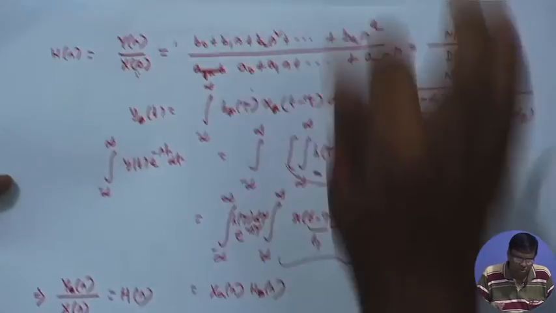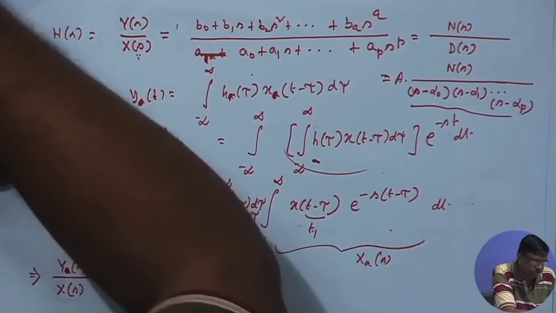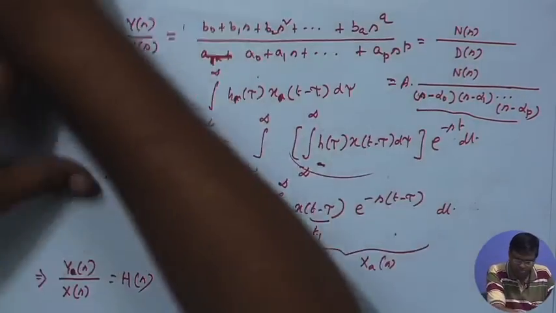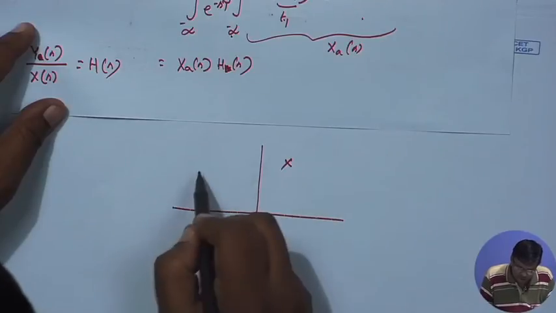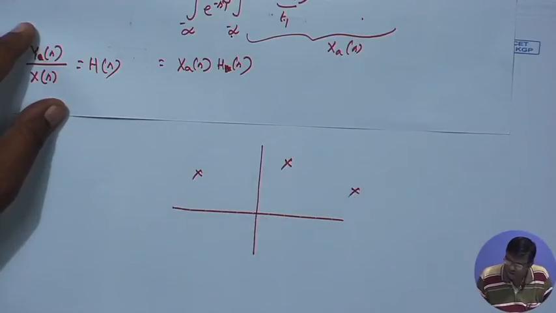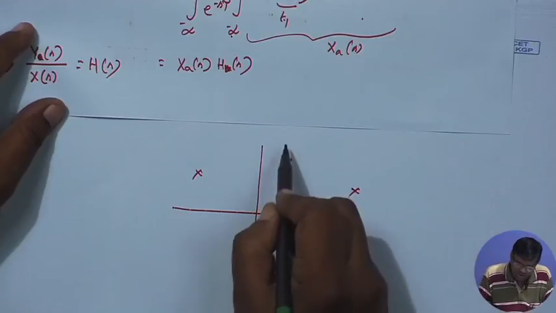If you draw the poles, given such a rational function, suppose you draw the poles in the S plane, suppose there is a pole here, there is a pole here, there is a pole here. You draw vertical lines.